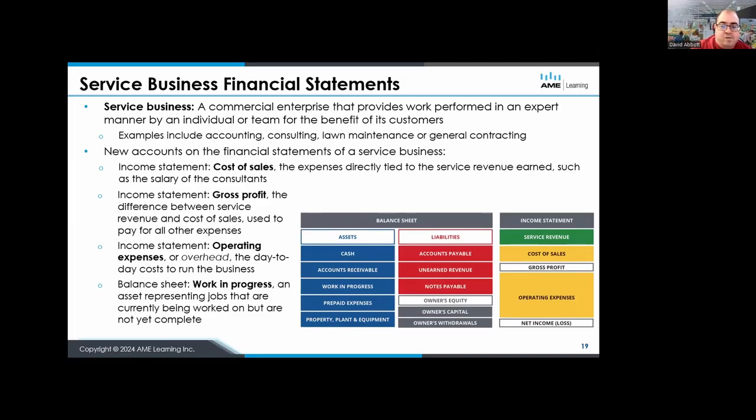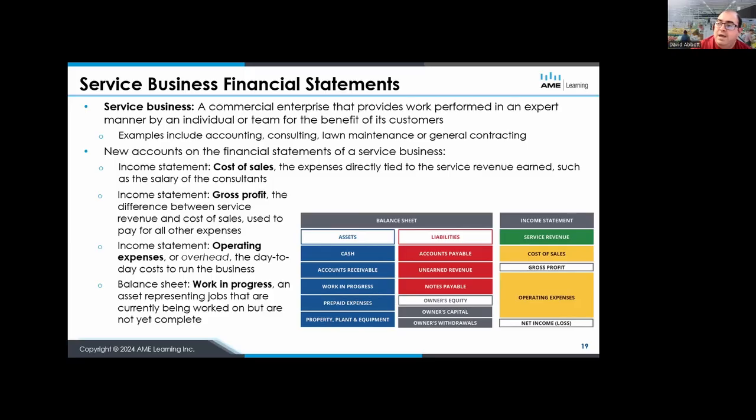A service business is a commercial enterprise that provides work that is performed in an expert manner by an individual or team for the benefit of its customers. Examples might be accounting, law, consulting, lawn service, contracting, haircuts, or auto mechanics.